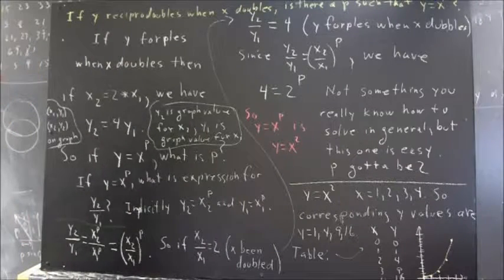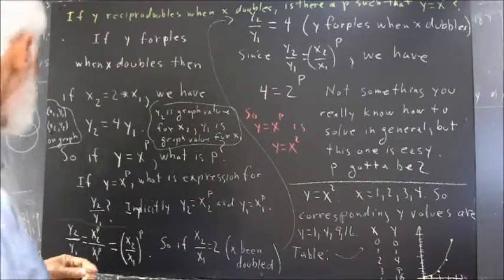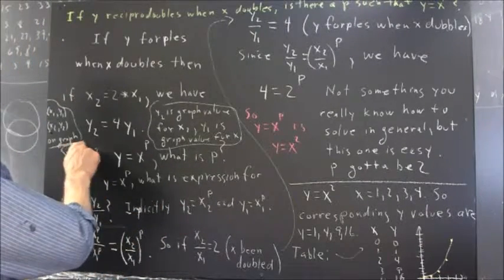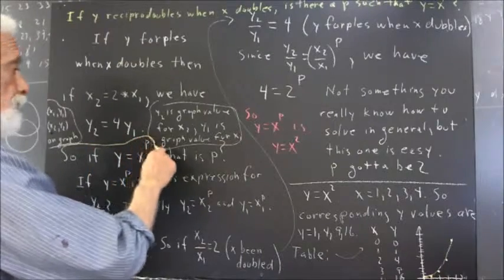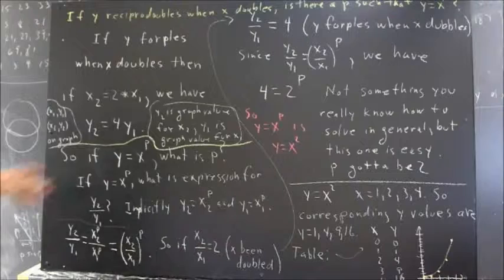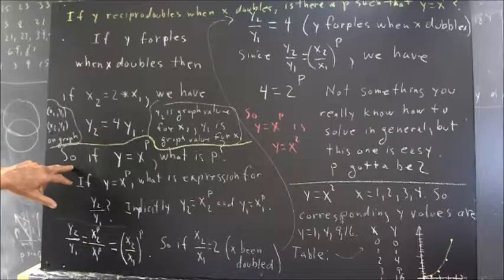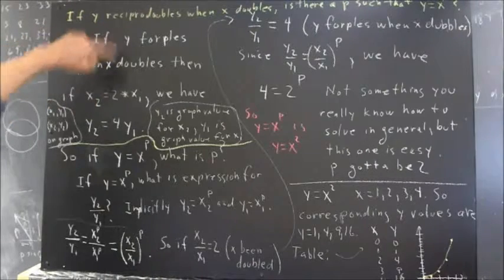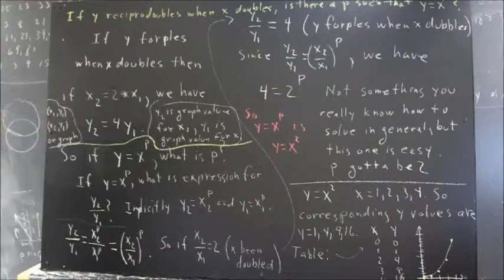Okay, now, next hypothesis. You don't understand necessarily where this came from, it just came from me, but it corresponds to the situation, so let me just draw a little line there to demarcate this. So if y quadruples when x doubles, I've said that this represents a power function.